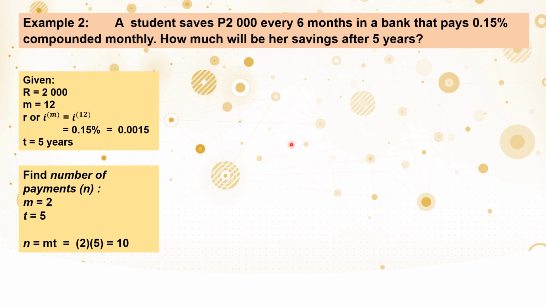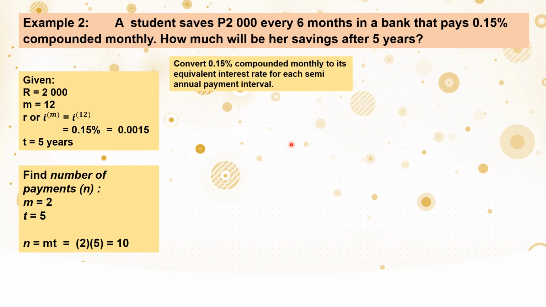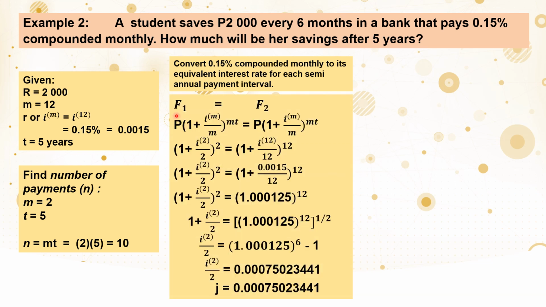In the formula, we have J. So, we first need to find the value of J. And to find the value of J, convert 0.15% compounded monthly to its equivalent interest rate for each semi-annual payment interval. So, we denote the two interests as F sub 1 and F sub 2, and they are equal.